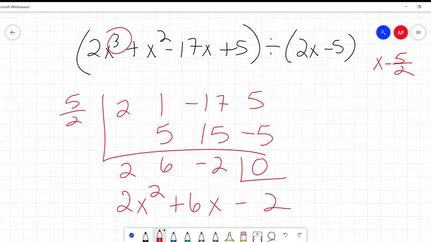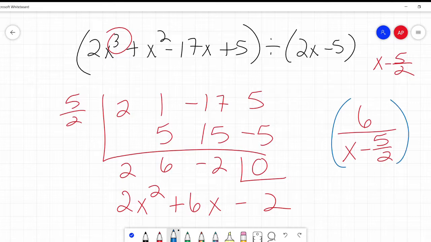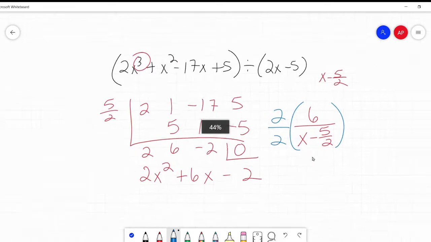If we did get a remainder, just one final thing: let's say if this had been like a remainder of 6, and you're like, okay, 6 over x minus 5 halves, we don't want that. We want it to look like our original thing. So what you do is you multiply the top and the bottom by 2, since 2 over 2 is just 1.